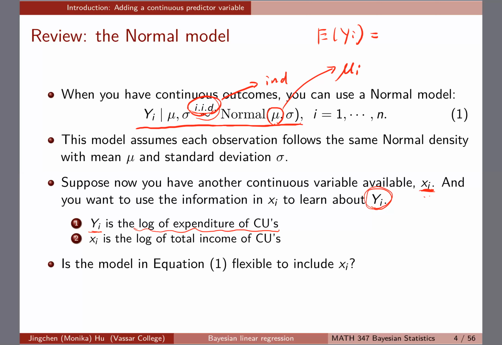It's a linear combination of the terms that you have. So you may have seen things like this. I'm just going to write it out. And then the yi itself follows a normal distribution. This one is going to be beta 0 plus beta 1 xi, and then plus the error term, okay?